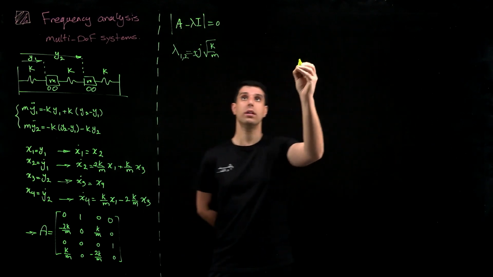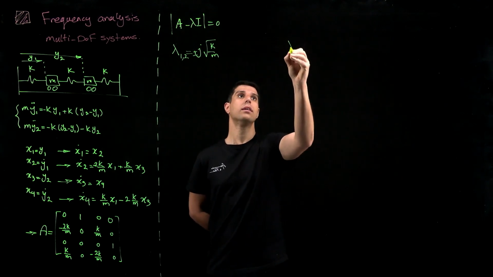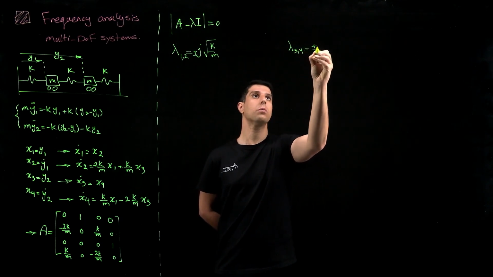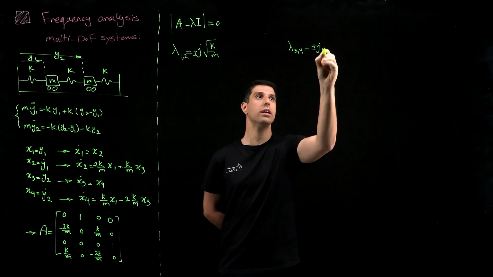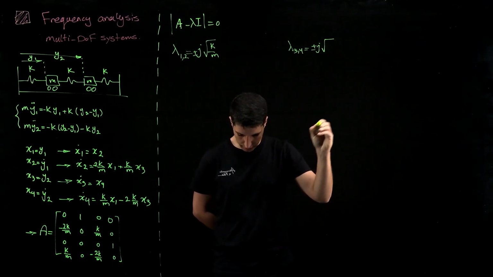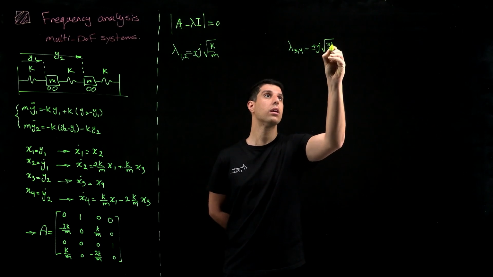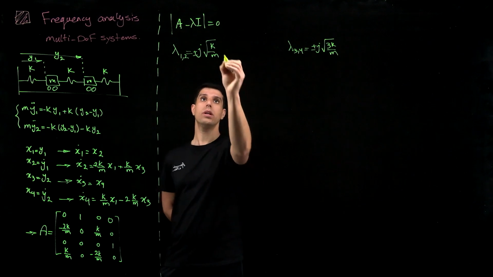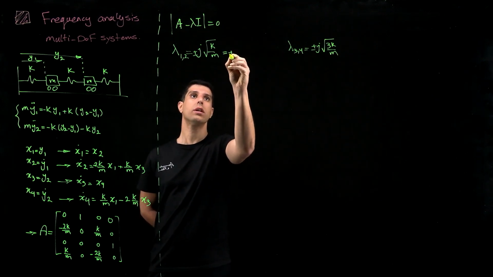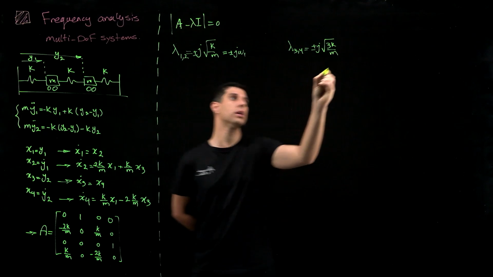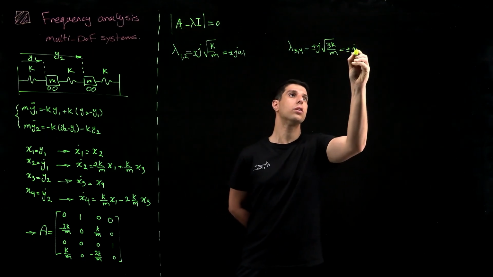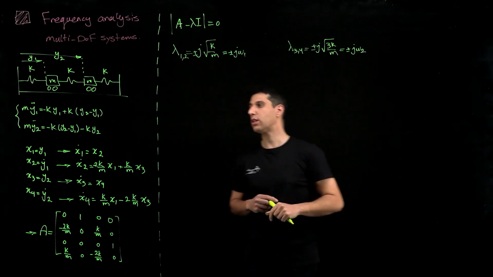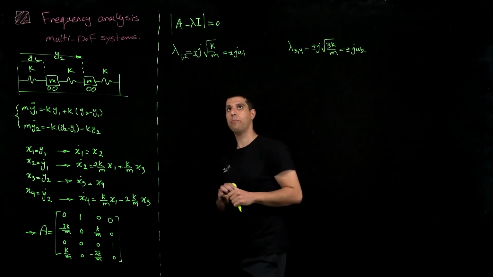Lambda 3 and 4 are also going to be complex conjugate pairs of j square root of 3k over m. So this one is plus minus j omega 1, plus minus j omega 2.